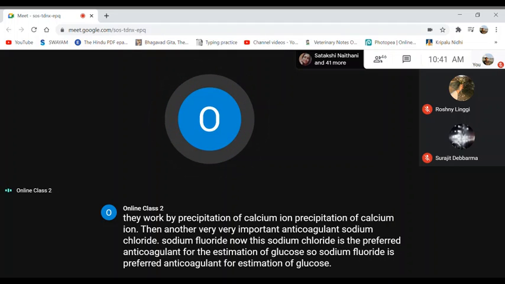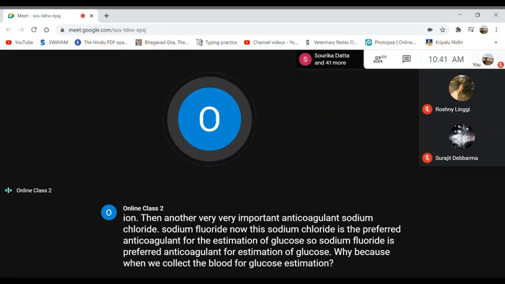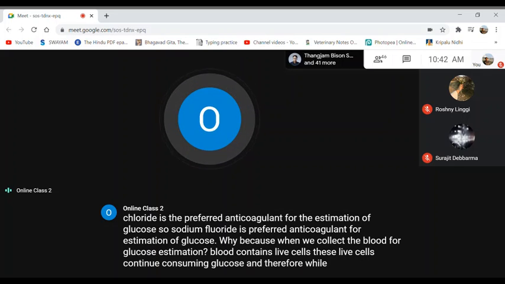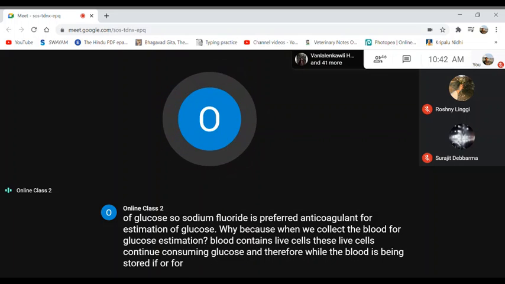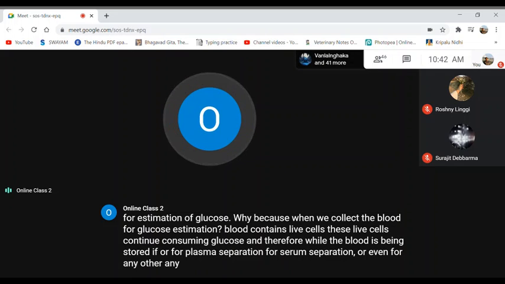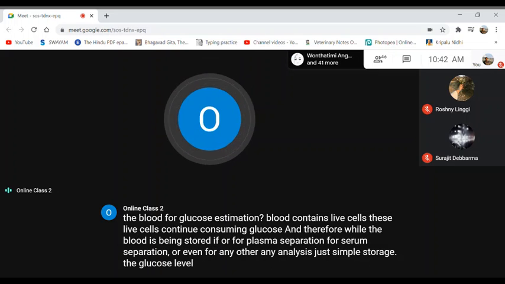Because when we collect the blood for glucose estimation, the blood contains live cells. These live cells continue consuming glucose, and therefore, while the blood is being stored, or for plasma separation, serum separation, or even just simple storage, the glucose level slowly comes down.